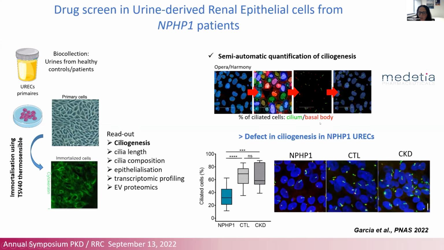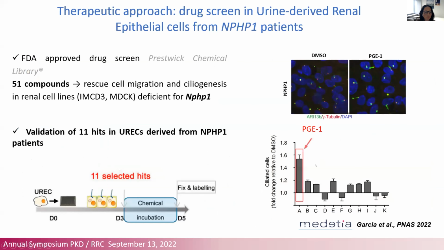Like that, we were able to quantify the percentage of ciliated cells in NPHP1 patients, in controls, and in CKD patients. It turned out that NPHP1 patients show a significant decrease in the percentage of ciliated cells. This is what we used to validate the 11 hits that we previously identified.